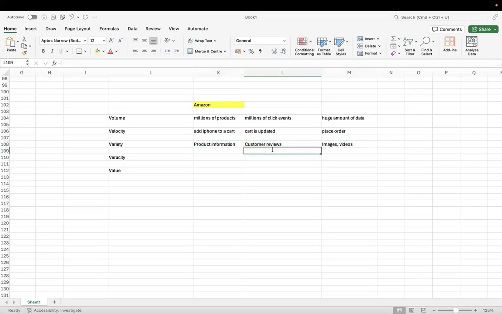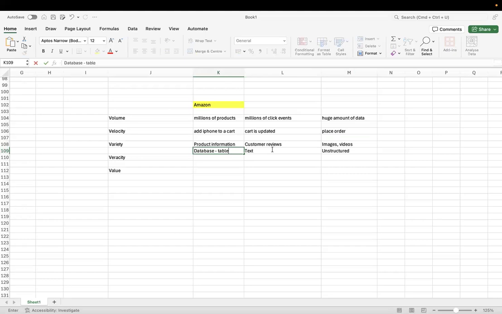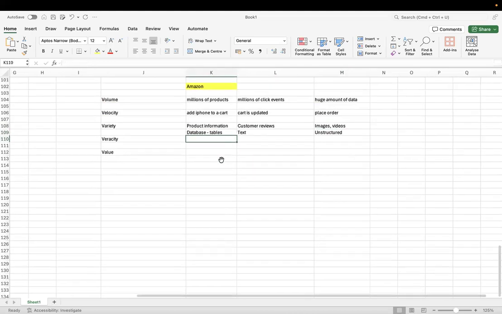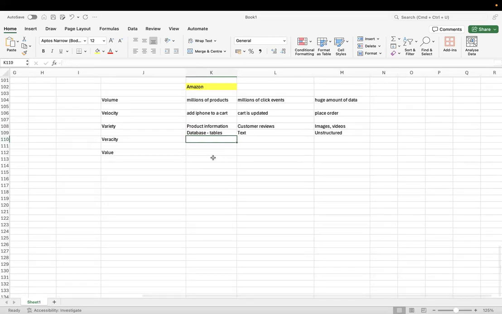Customer reviews, can we consider it as text? Images and videos are already unstructured for us. Product information could be something that's sitting in a database, so we can consider it as tables. So this is variety of data, right? Customer reviews could be in text format, product information could be in tables, and images and videos could be unstructured data. So this can be a great example for variety.